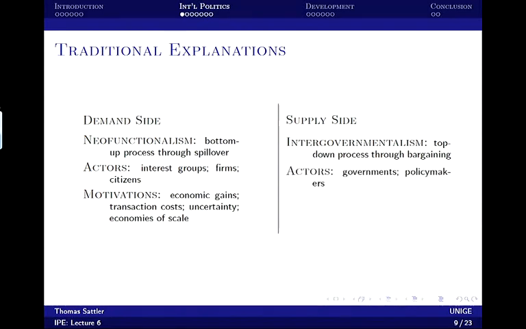So the key actors here are governments and policymakers, and their motivation is to solve the issue of the day. They can potentially reap political gains by integration and show political leadership. To give you just one example, in this story, the EMU, the European Monetary Union, the Eurozone, was not established because it was in the interest of the firms, but because it was a political bargain between the key leaders.